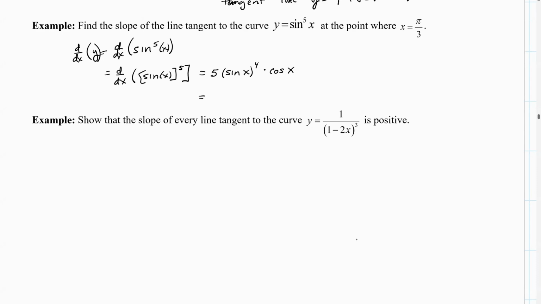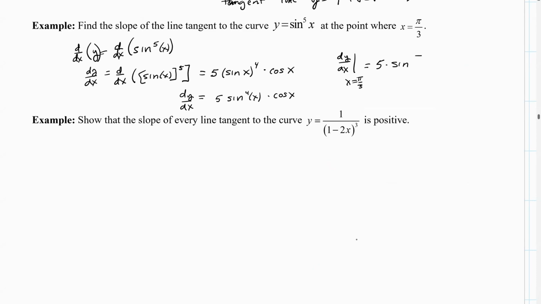So this is what dy dx is equal to: 5 sine to the fourth x, cosine x, right? And then the question is, well, what's that slope when we're at x is pi over 3? So what is 5?